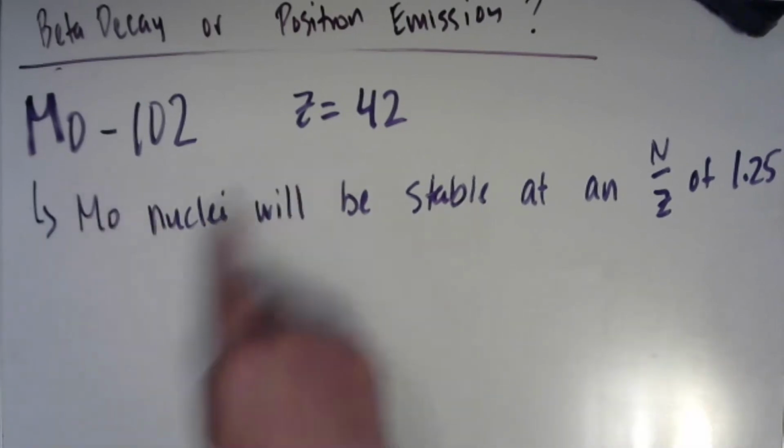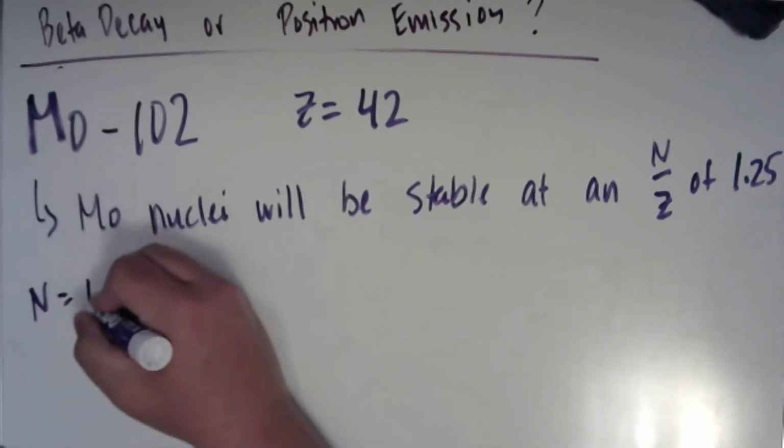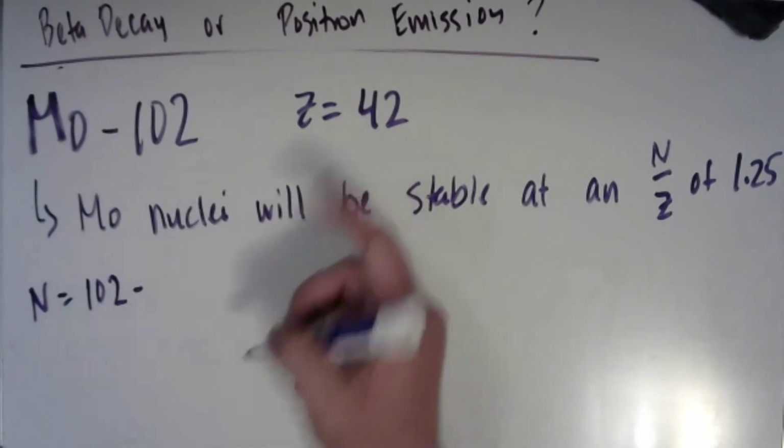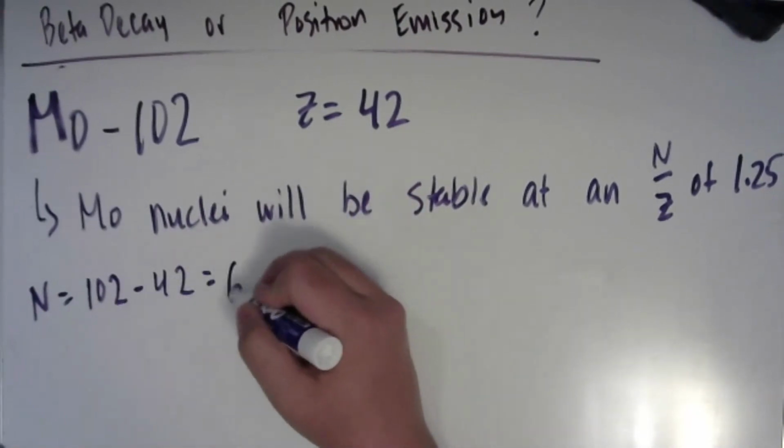With our isotope here, we figure out our neutrons by taking 102 and subtracting our protons from it. So we have 60 neutrons.